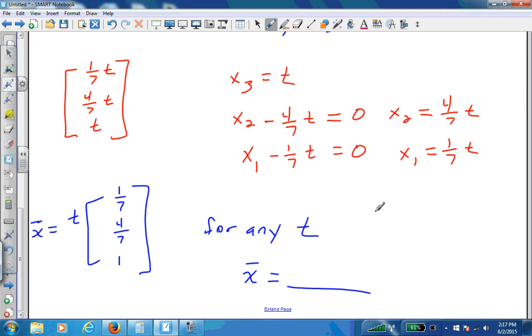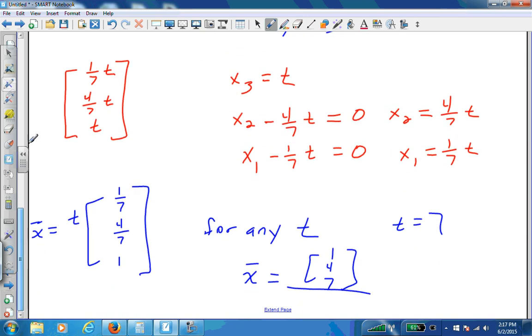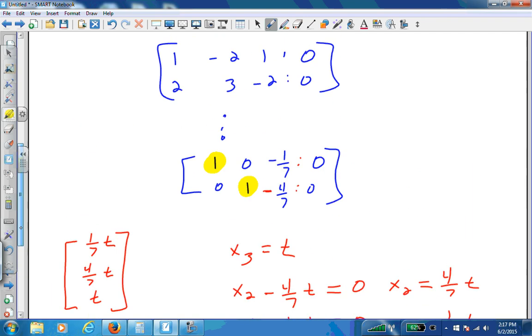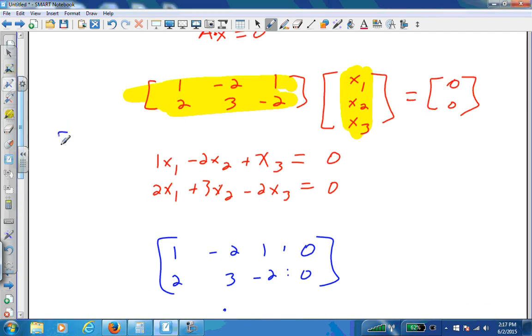For example, if we let t be 7, if we multiply by a scalar of 7, we have 1/7 times 7, 4/7 times 7, 1 times 7. And that is one vector that is a solution. Again, we have infinite solutions because t can be any number, but this is one example of a solution to this system of equations.